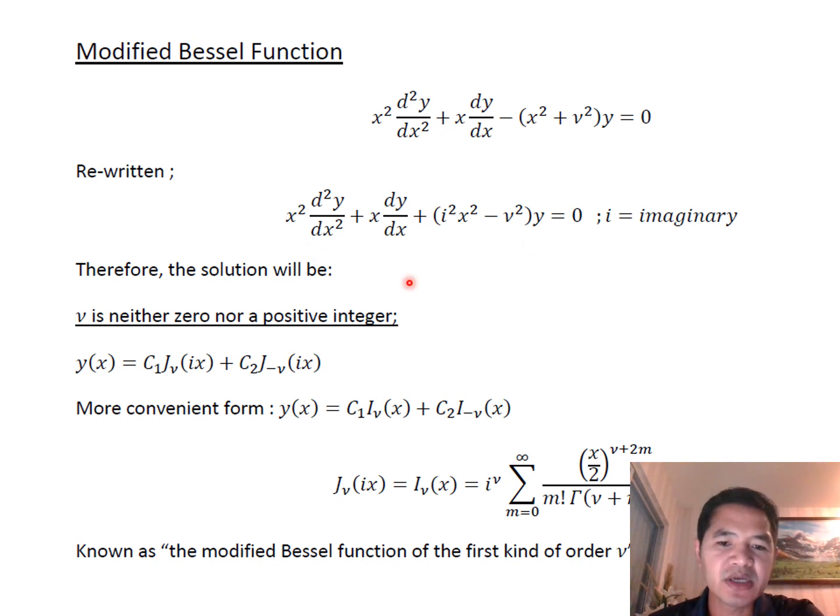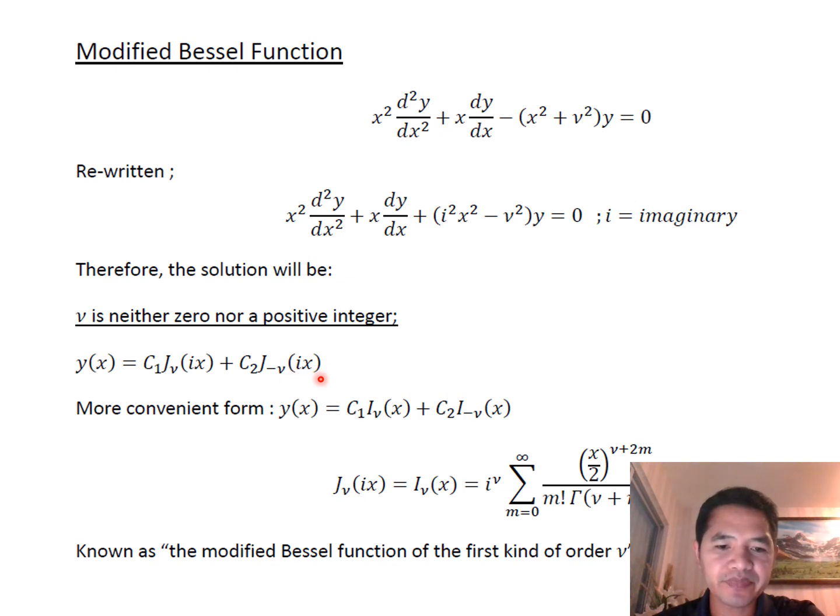In the case when nu is neither 0 nor a positive integer, the series solution is going to be in this form: y(x) equals c1, a constant, times J nu of the function ix, plus c2 J minus nu of the function ix.